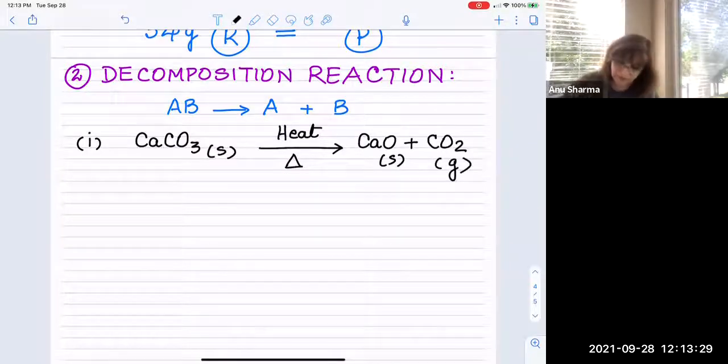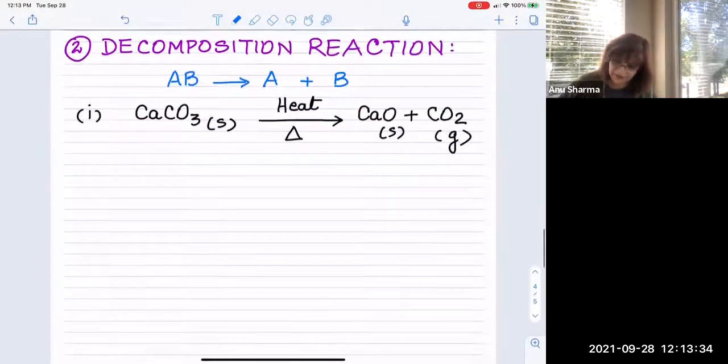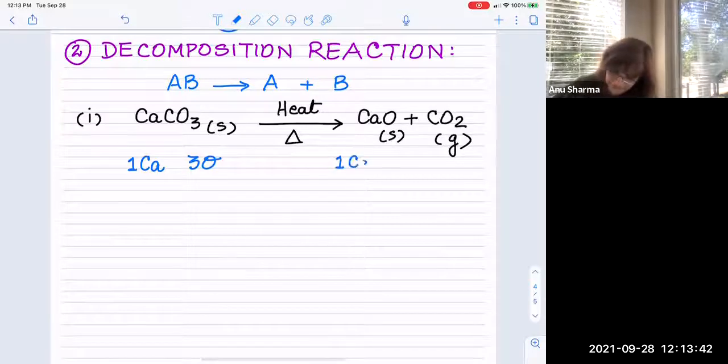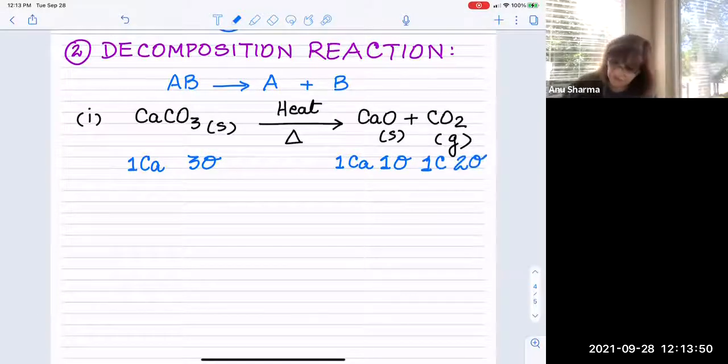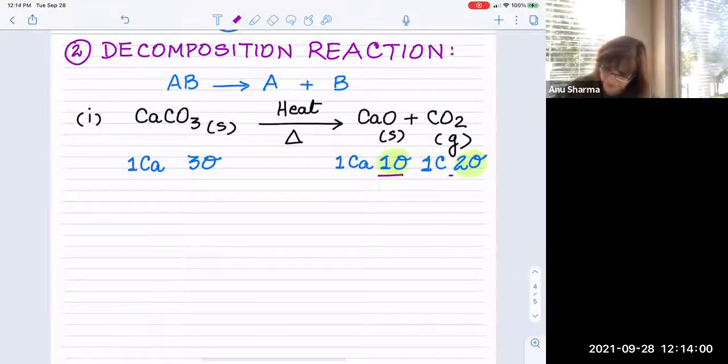Now let's look at the balancing. 1 calcium, 3 oxygens; 1 calcium, 1 oxygen, 1 carbon, and 2 oxygens.